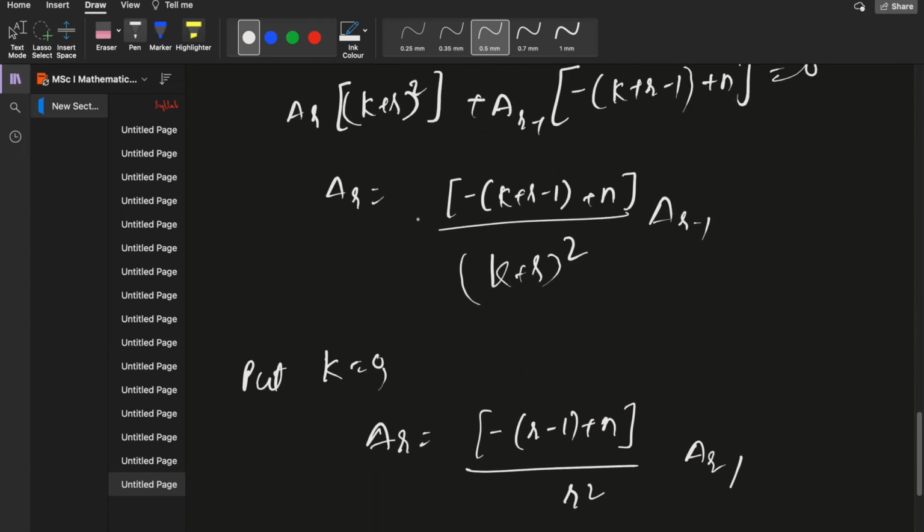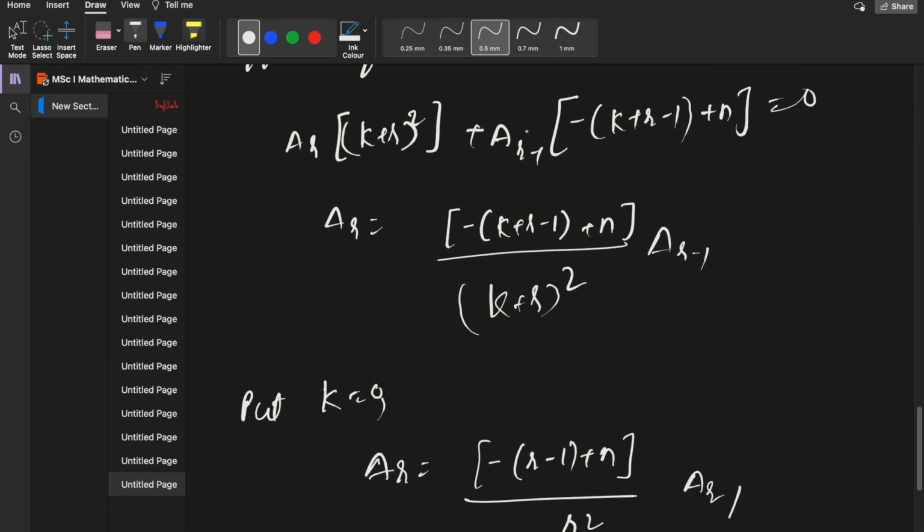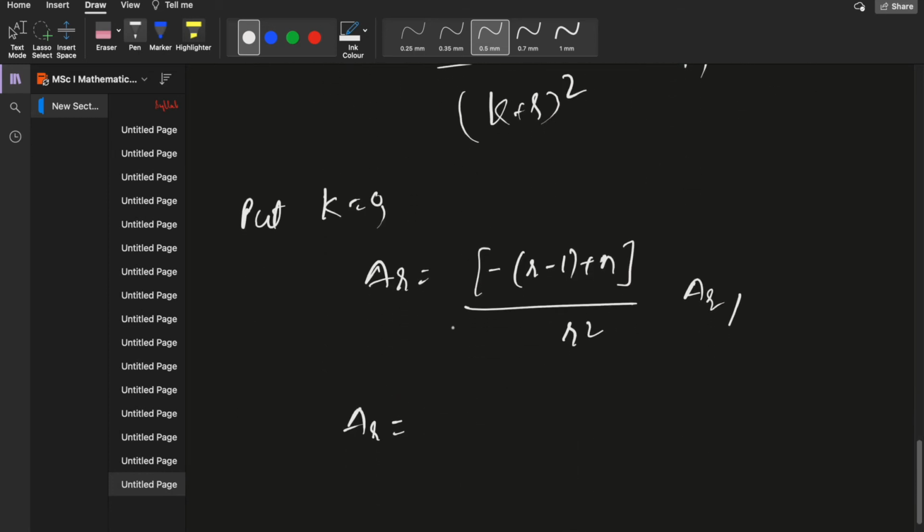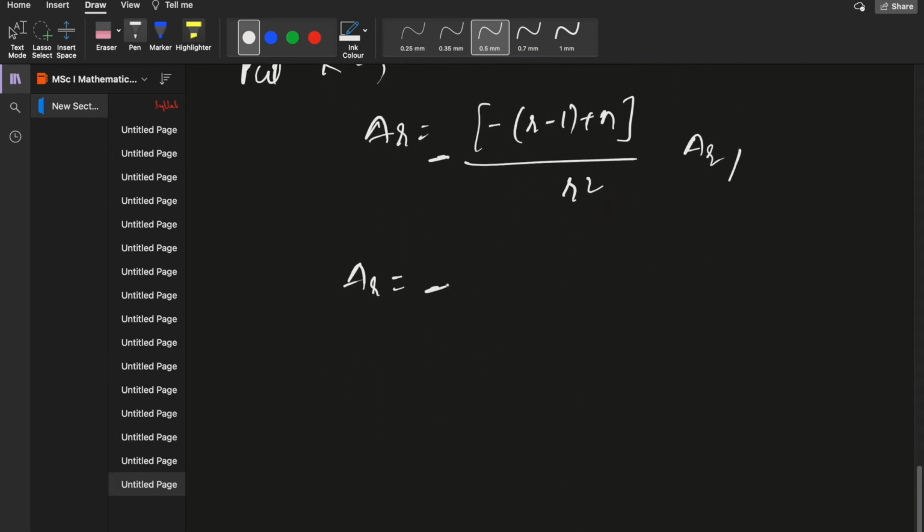Sorry, here it is negative, and if I take this to the right side, it keeps the negative sign. So this becomes (n minus r plus 1). If I multiply the negative sign and open, it will give me this quantity upon r squared a(r minus 1). Good.